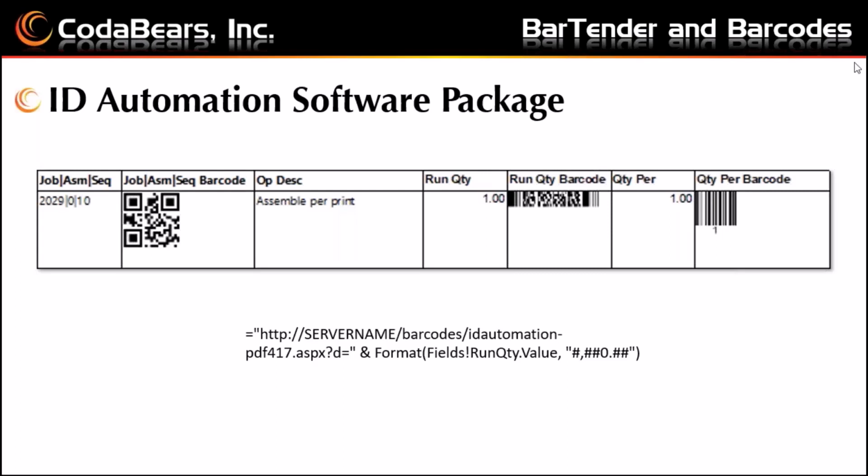So the QR code here is actually showing the job assembly and sequence separated by the bars, and the run quantity has this expression behind it, and as you can see, I format the values so that it only has 2 decimal places. Otherwise it would actually scan as the raw data, which might be 5 decimal places.